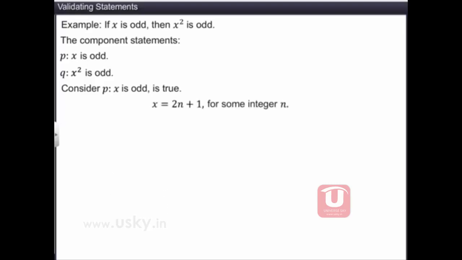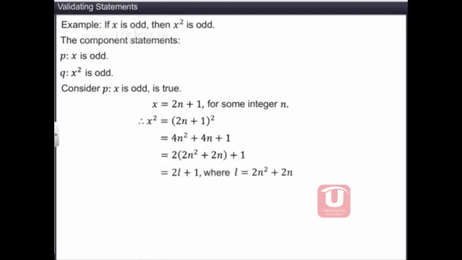Therefore, x squared is equal to 2n plus 1 whole squared. On simplification, we get 2 multiplied by 2n squared plus 2n, plus 1. This is also an odd number. This shows that x squared is also odd. Hence, the given statement is proved.